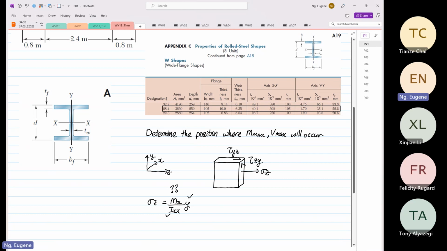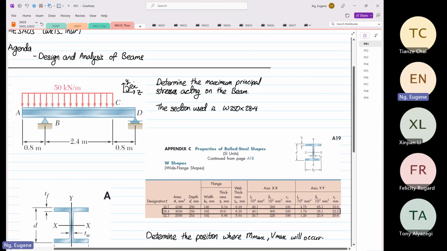The next thing that we need to find out is the shear YZ, which is equal to Vy over IXX, QX divided by T. So we have to determine the position where Mx and Vmax will occur. So later on, we will plot the shear force and bending moment diagram.